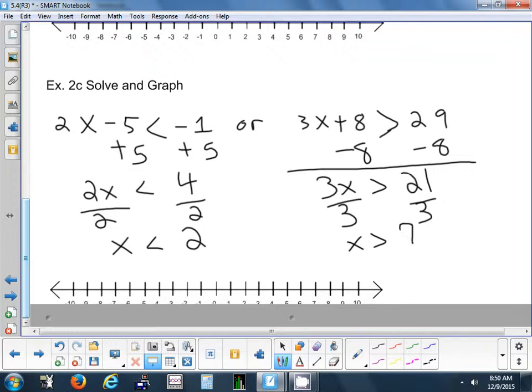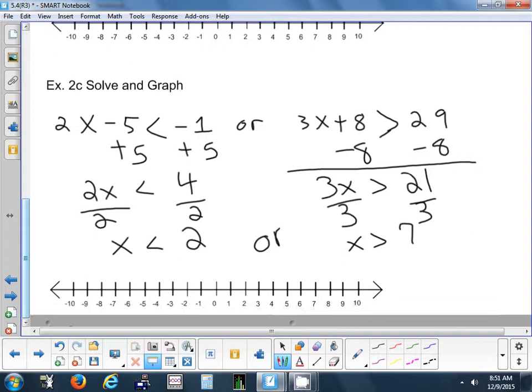Now, am I in good shape? Can I use my chart? Am I okay to use my chart here? I'm okay to use my chart because the smaller number is in the equation on the left. If I have to rearrange it to make it work, that's okay. But my smaller number's on the left, which means the chart will work.